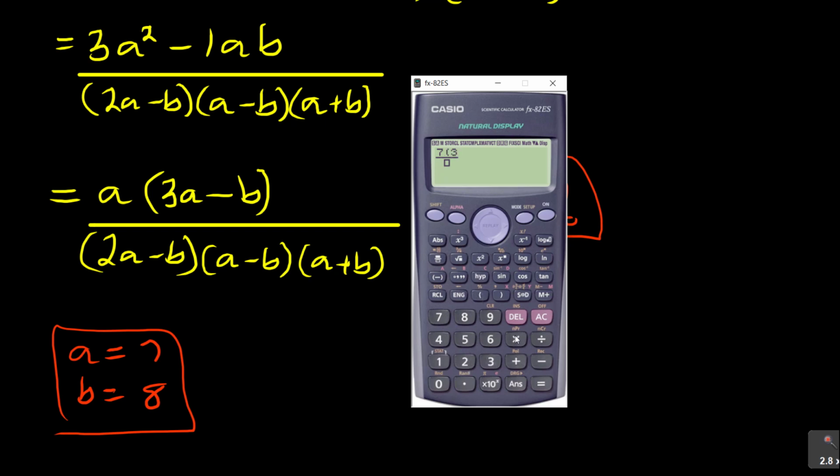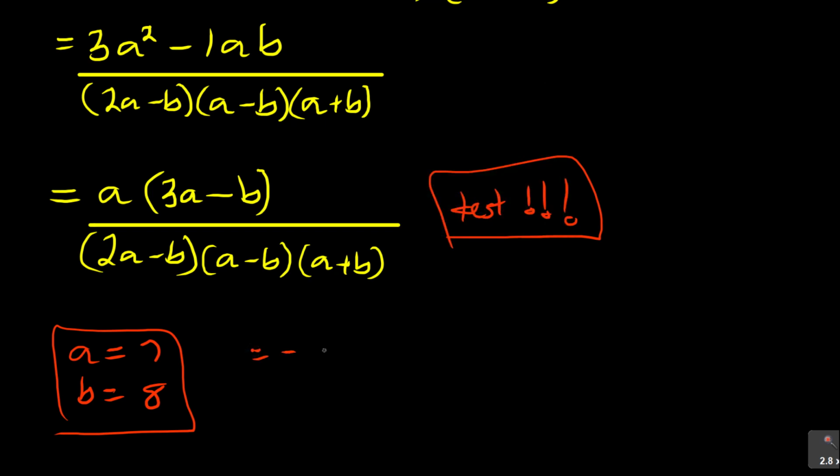Then I say 3 times a, which is 7, minus b, which is 8, all over the first bracket, 2a minus b, which is 2 times 7 minus 8. Another one, a minus b, which is 7 minus 8. And then another one, a plus b, which is 7 plus 8, equal to, I'm getting negative 91 over 90. So this becomes negative 91 over 90.